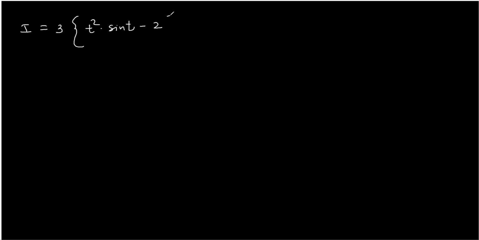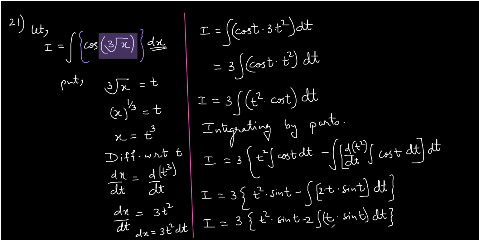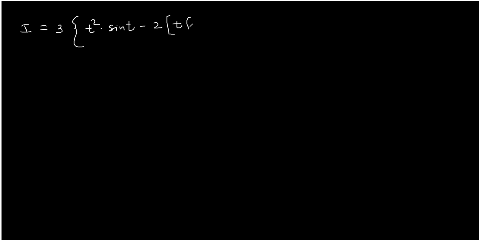You will put another bracket, because when you apply integration by parts for this, you will get 2 terms. So you put a bracket and you write t integral sine t dt minus big integral d by dt of t integral sine t dt. The bracket closes, dt, again the bracket closes, and then the final bracket.